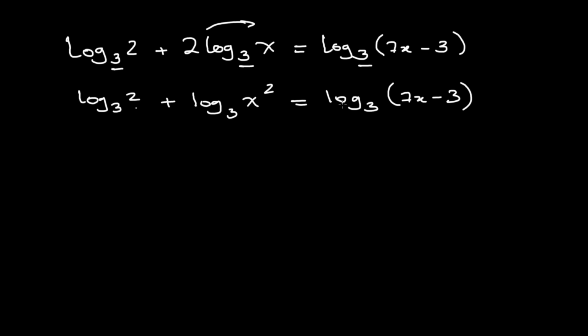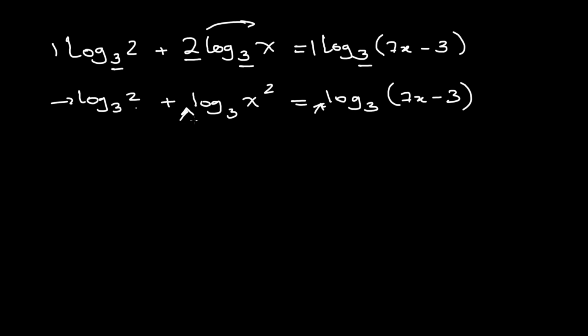Now what I've done here is that I've freed up these logarithms, okay? So that they are just neutral to each other, okay? So here, these had a 2, this one had a 1, and this one had a 1. So now they've all got the same coefficient.